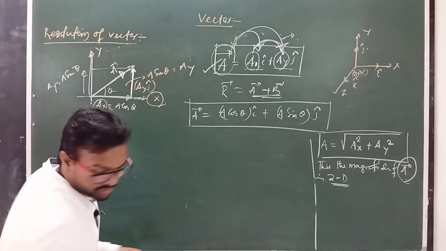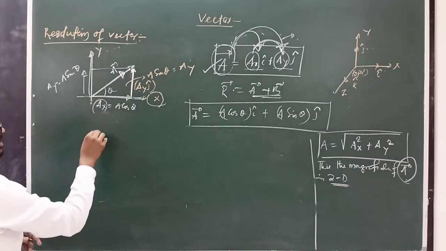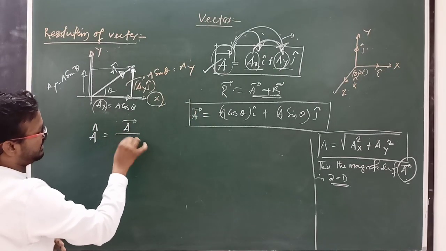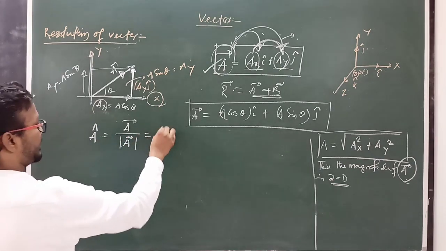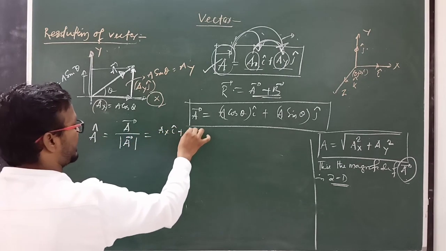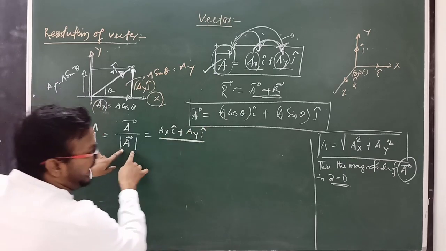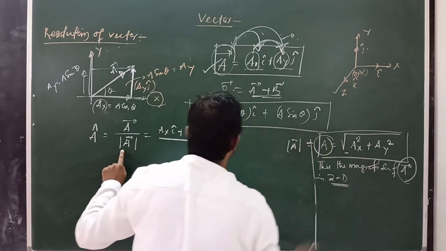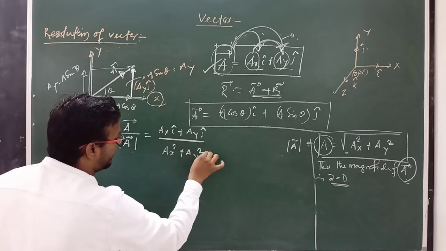How can we find the unit vector? The unit vector representation is the vector divided by the magnitude of the vector. So A cap equals Ax i cap plus Ay j cap divided by the magnitude of A, which is under root Ax square plus Ay square.